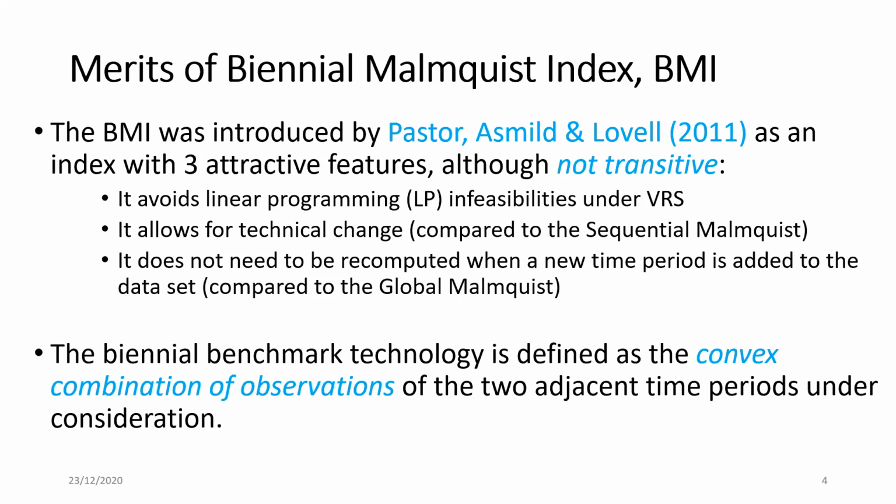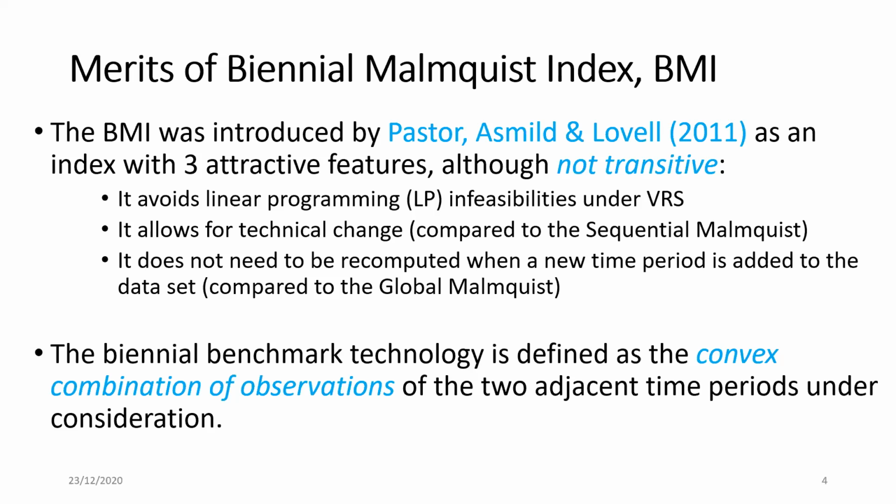When it comes to the global Malmquist index. But you don't need to recompute the entire Malmquist when a new time period is added to the data set when it comes to the biennial, because when the new time period is added, it is still going to be in relation to the biennial index.